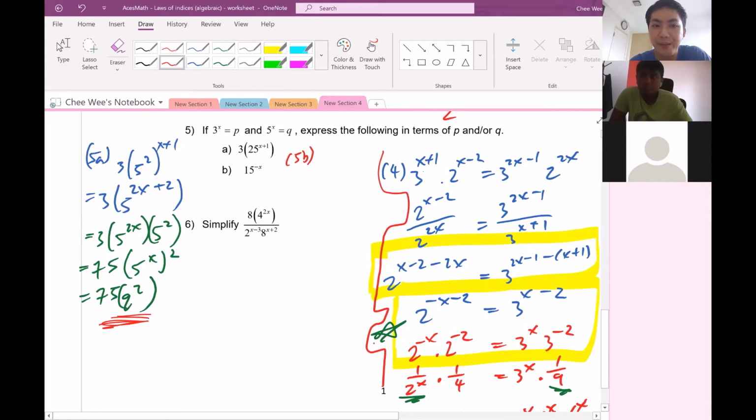Okay, so just ask ourselves, 15 is what times what again? What are the factors of 15? 5 and 3. And 5 and 3 are the root numbers already. Okay, so we will just express 15 as 3 times 5 right away actually. So this will be 3 times 5, to the power of minus x.